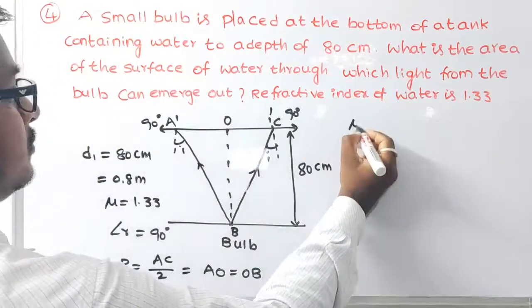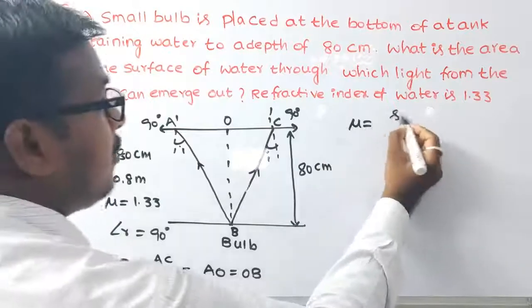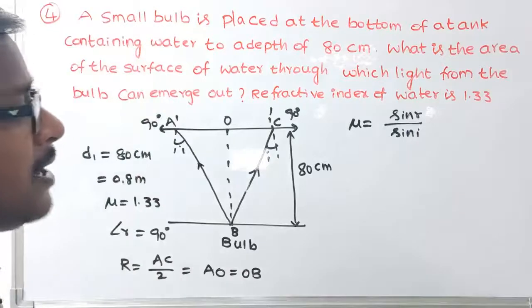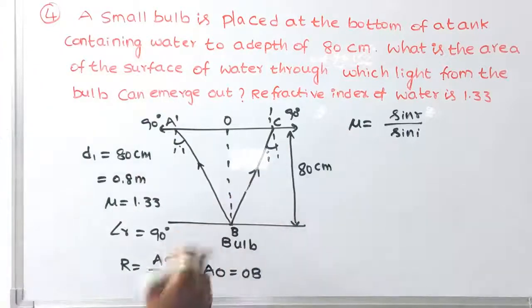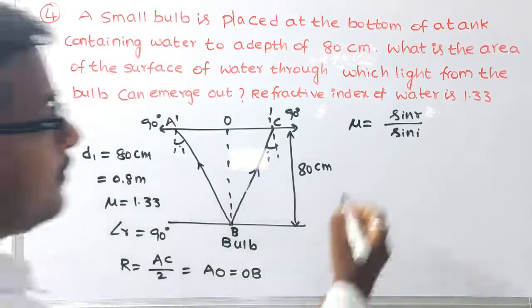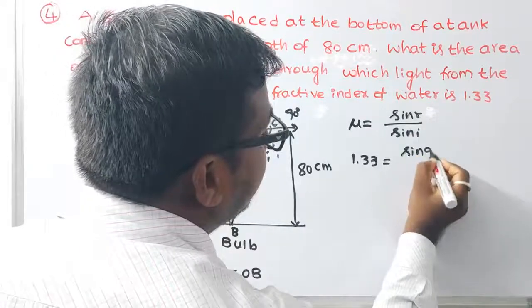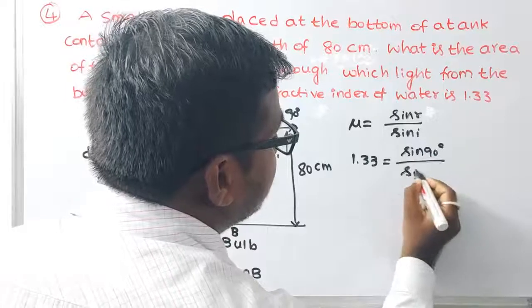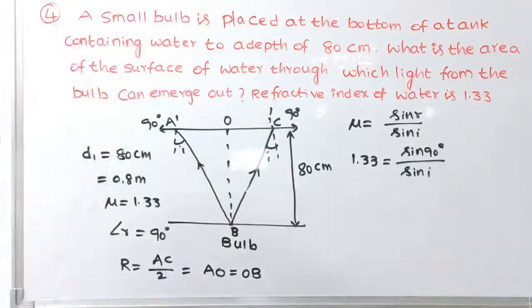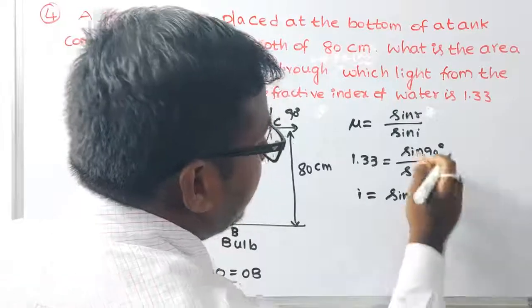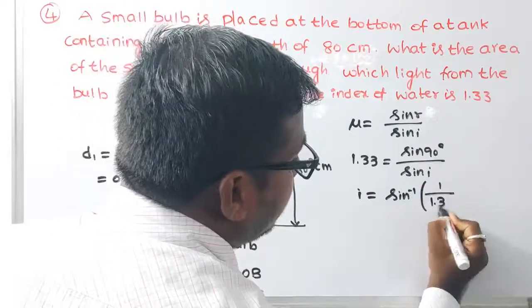Mu is equal to sine R by sine I. Here mu is equal to 1.33. 1.33 is equal to sine R, sine 90 degrees, by sine I. Then I is equal to sine inverse of 1 by 1.33.